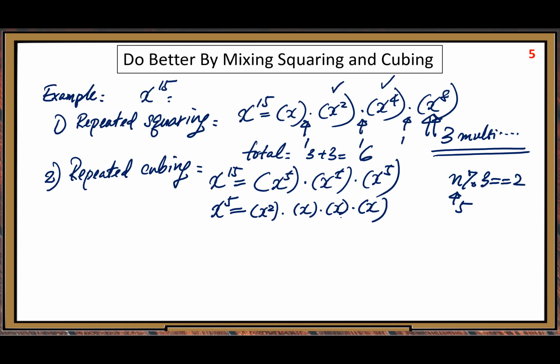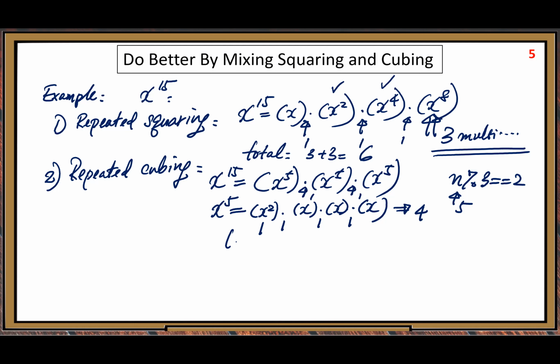So you can see, computing x to the 5th needs 4 multiplications, then 2 more here.